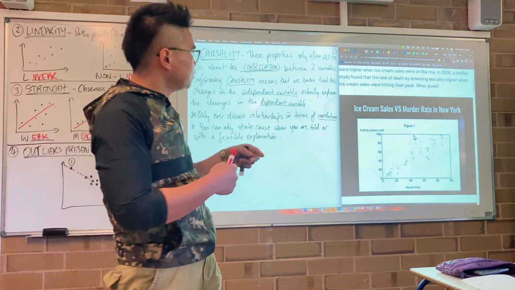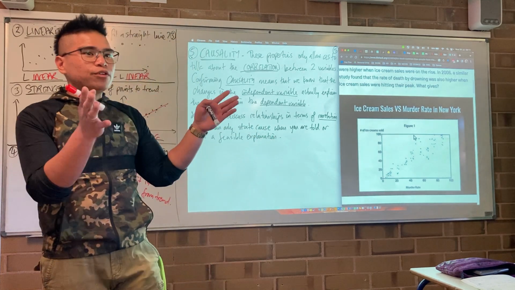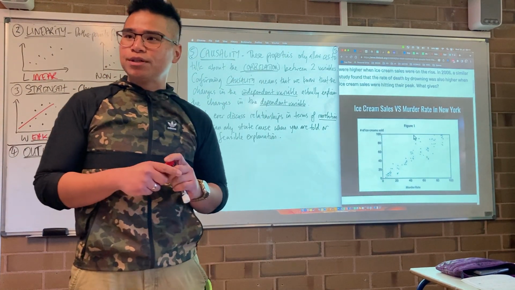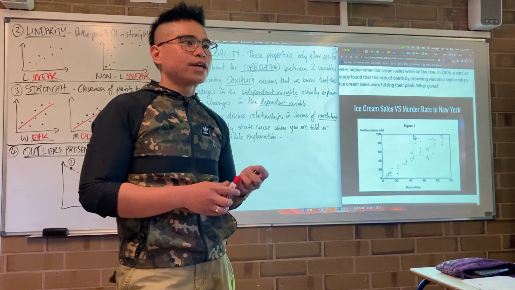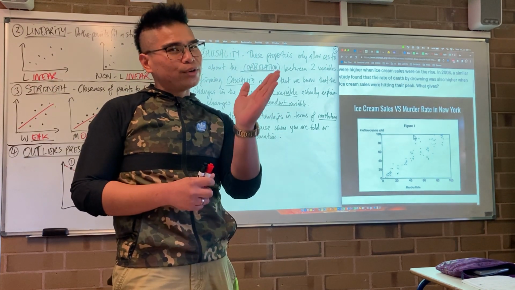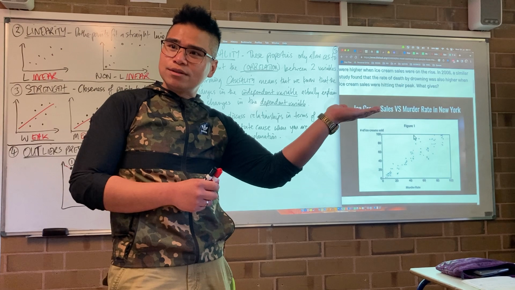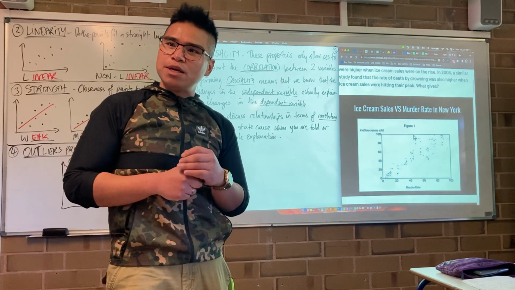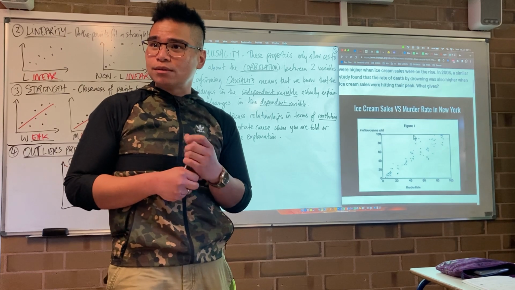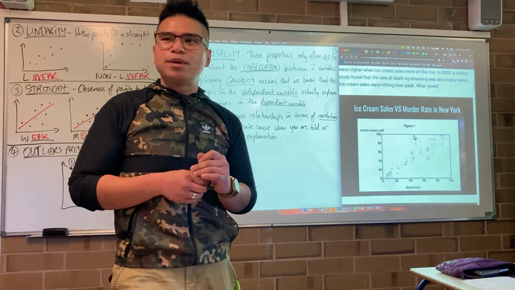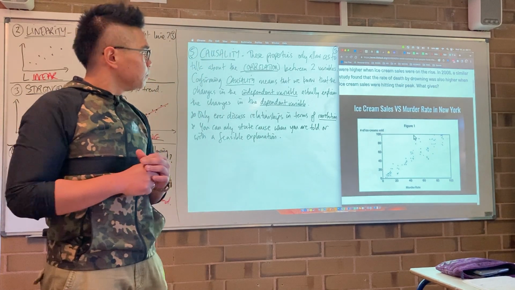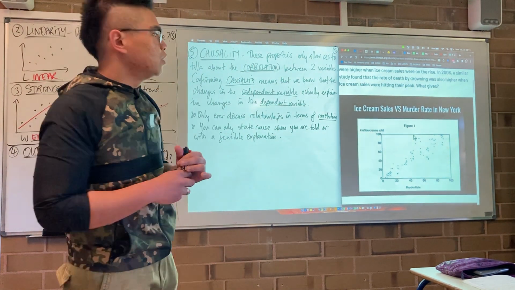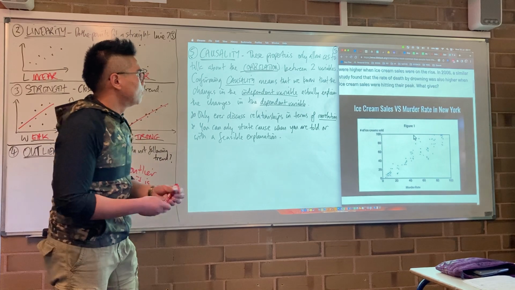So what they found is when they measured the number of homicides and the temperature, that was also a direct correlation. Because those two separate things are directly correlated, number of murders and heat and ice cream sales, what's the correlation going to be between ice cream sales and murder? Direct as well. But that's not the cause, okay? That's the cause. When we look deeper into it, that's the cause. But when we look at the graph, we only see that there's correlation there.